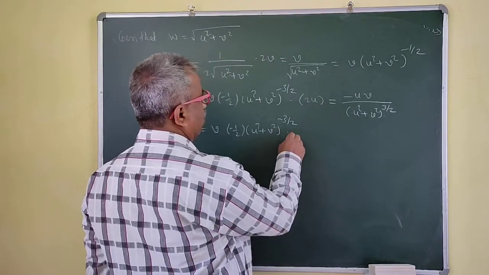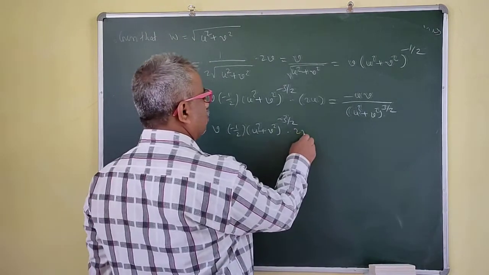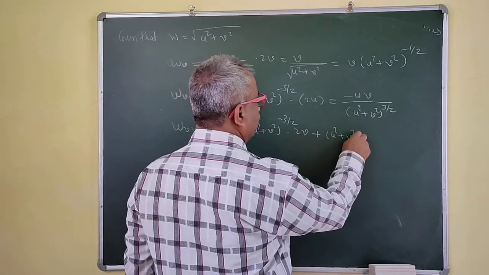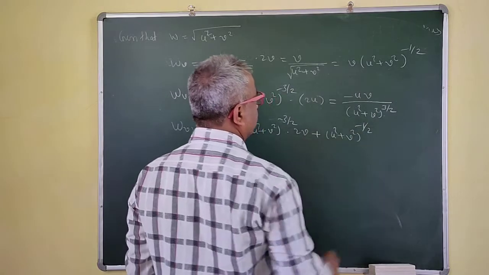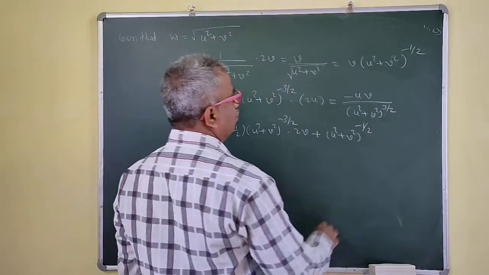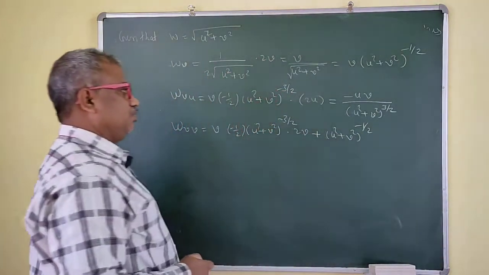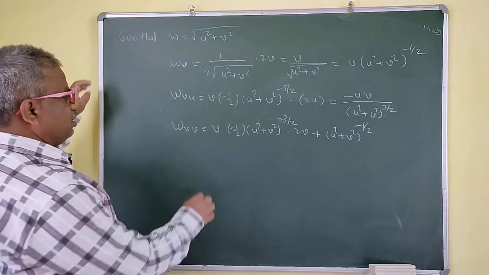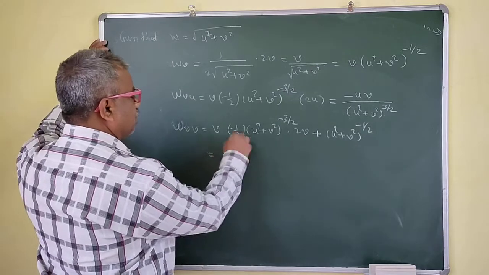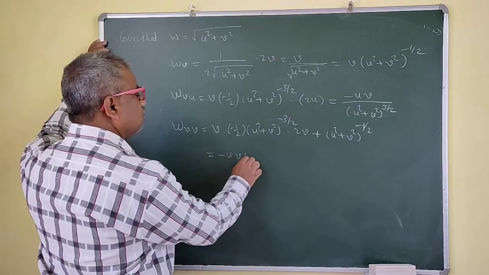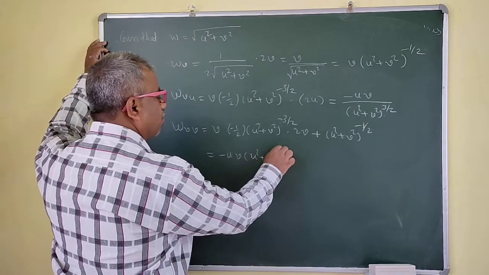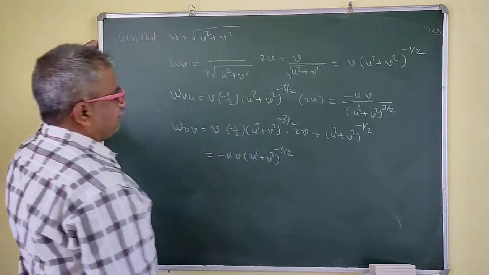So this is twice v, plus (u square plus v square) to the power minus half as it is, into the derivative of v, which is 1. So what is this then? Minus uv (u square plus v square) to the power minus 3 by 2.